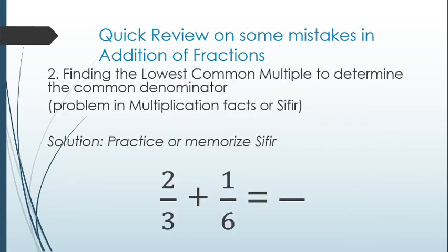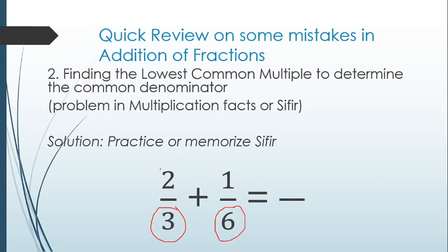Next, another mistake is a weakness in finding the lowest common multiple to determine the common denominator. For example, we have this type of question: 2 over 3 plus 1 over 6. We can see here the denominator is not the same.